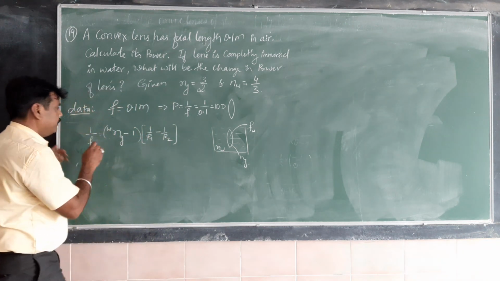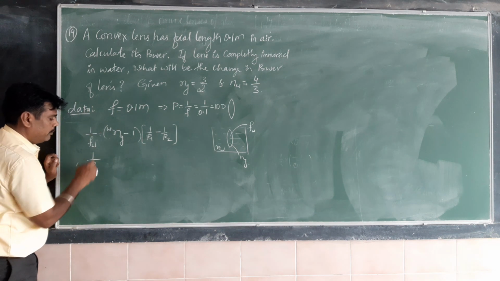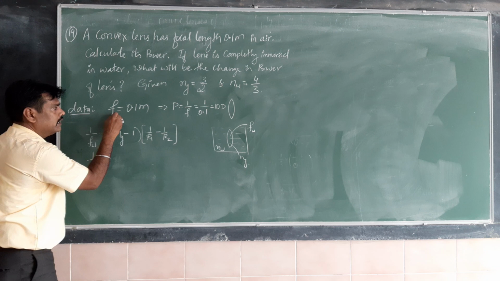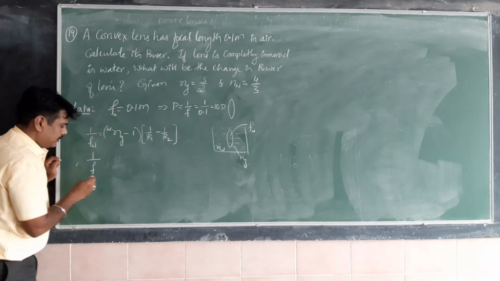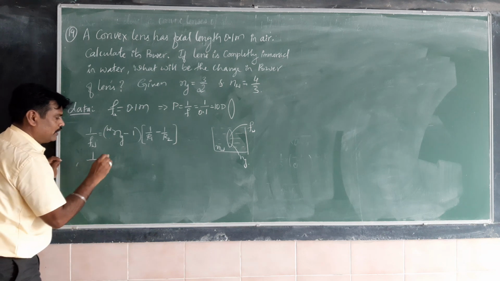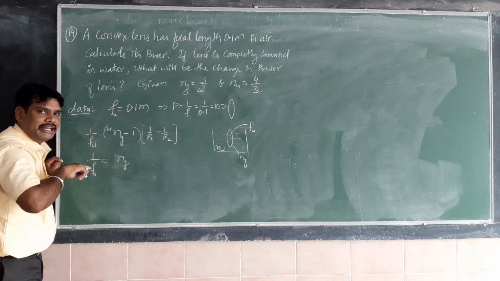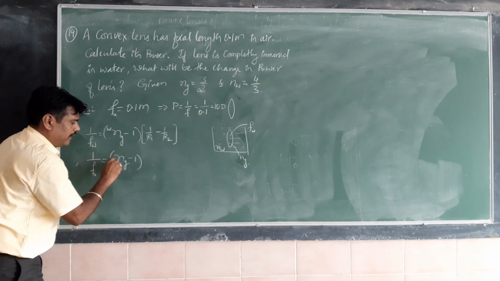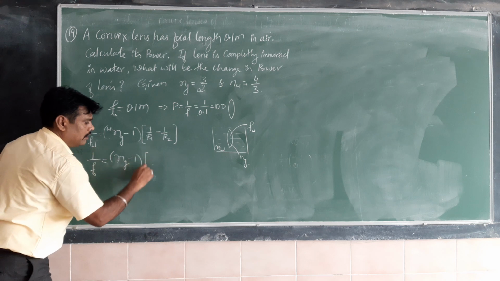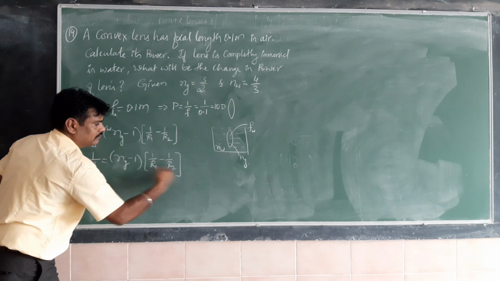That's why I will use the same formula for the air medium, 1 by F. I will consider this is the focal length of the convex lens when it is surrounded by air medium, Fa. So it is Fa, which is equal to, the formula is Ng only, because it is surrounded by air medium, it is the absolute refractive index, Ng minus 1, into (1 by R1 minus 1 by R2).